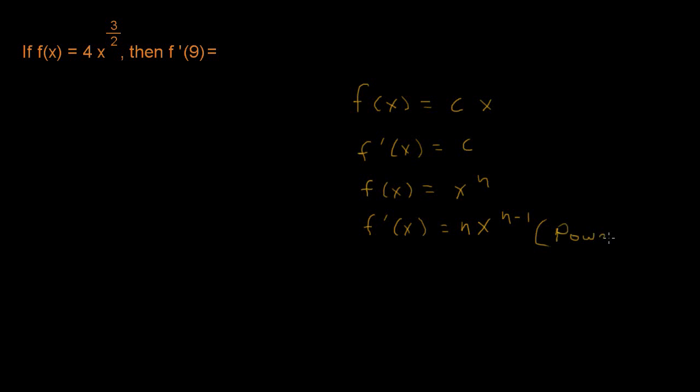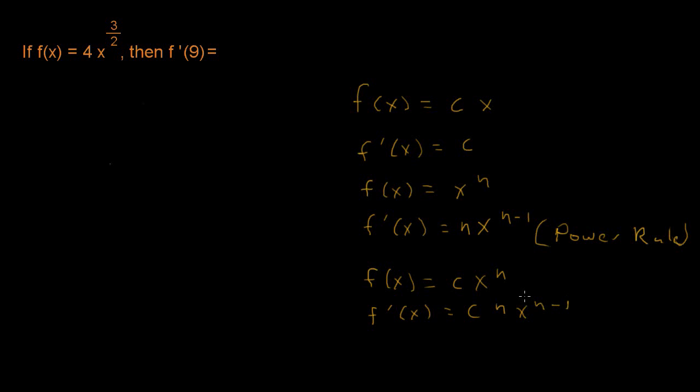And if we put both of those two rules together, and I wrote out f of x is equal to c times x raised to the n power, and asked you what is f prime of x, I don't think you'd have any problem telling me that it is c times n times x raised to the n minus 1 power.